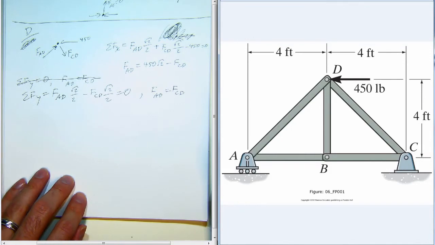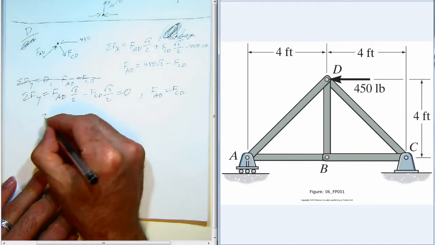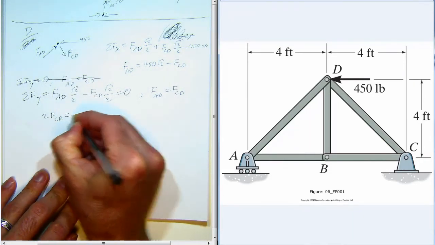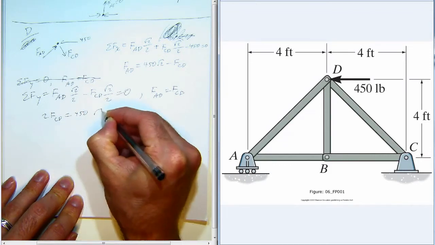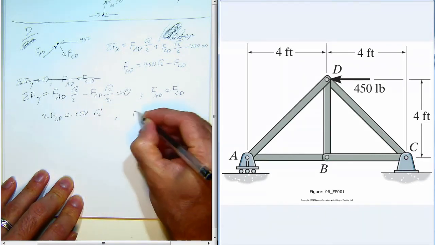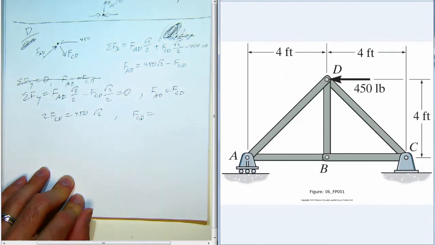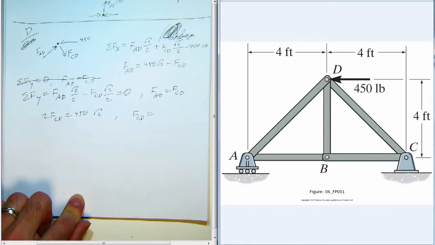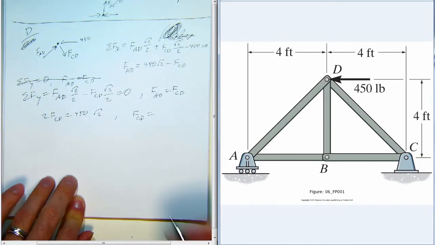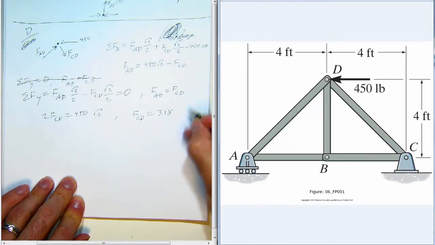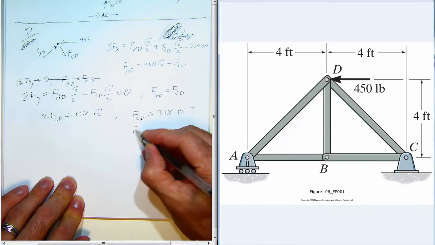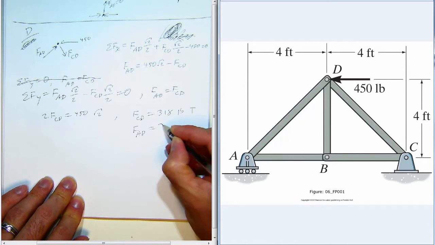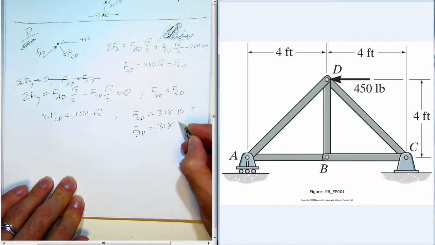So that gives us that 2 times FCD is equal to 450 times square root of 2, and we get that FCD is 318 pounds, and that's in tension, and we know that FAD is also that, but it's in compression.